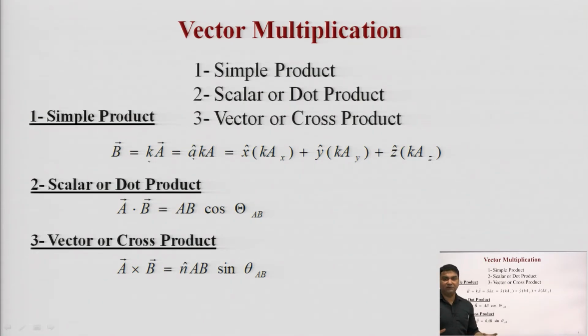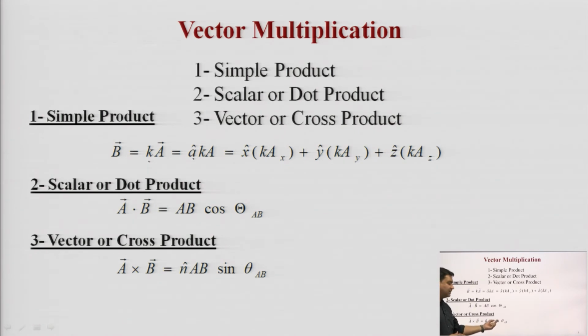The next is the vector or cross product. When we describe the multiplication of two vectors in the vector form, it is given in terms of A cross B, and this A cross B is given as unit vector n AB sin theta.